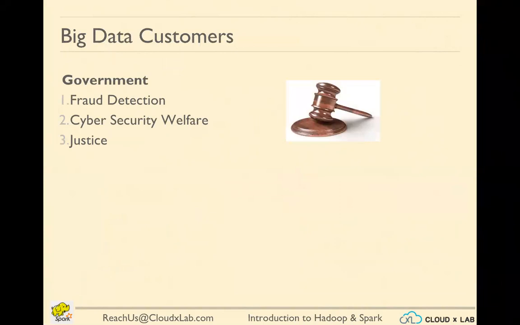Even if we are storing 1 megabyte of data for one person, and there are say 100 million people, it's going to be really huge. So everything related to government is big data, be it fraud detection, cybersecurity, welfare, justice, and so on.